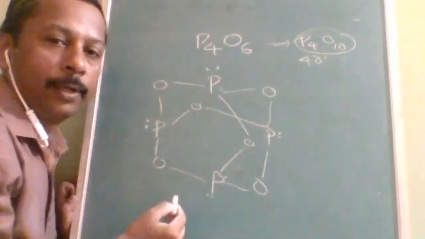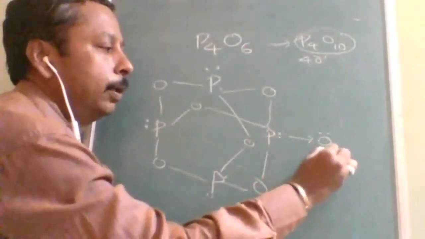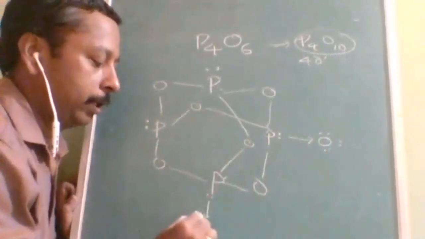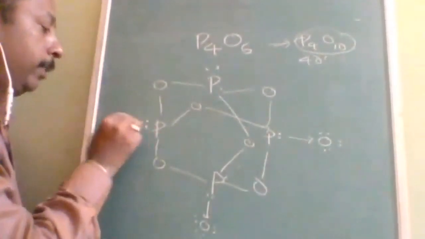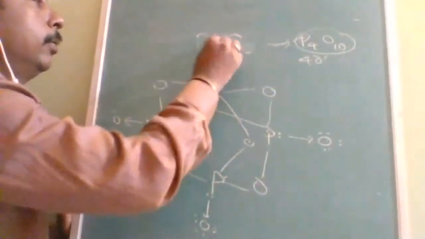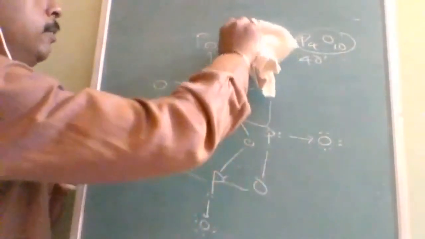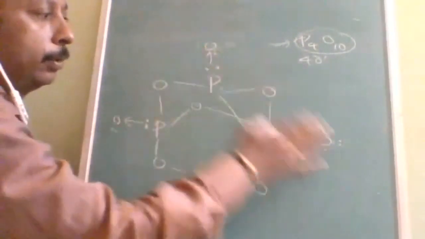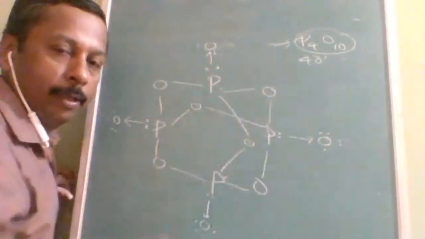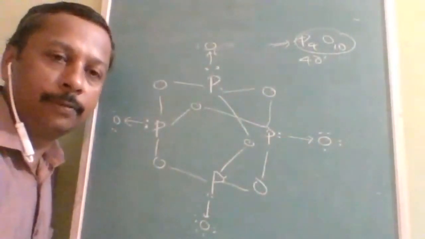So who will take the 4 extra oxygens? The phosphorus, nicely forming coordinate covalent bonds. This is the P4O6 now; earlier, without these 4 oxygens, it is P4O6. When I add them to all the phosphorus, it became P4O10. That is the oxides of phosphorus.